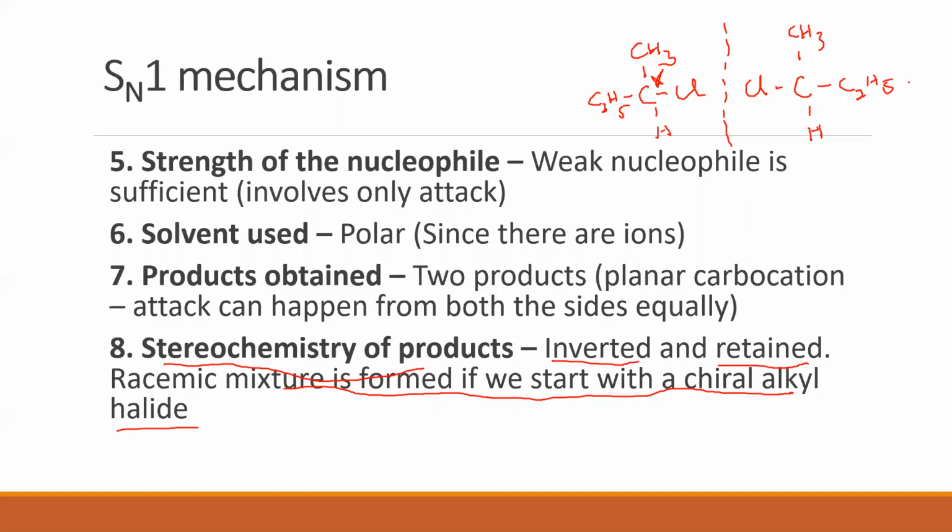Clear? So these two are mirror images of each other. When these two are mirror images of each other, we call these non-superimposable mirror images as what? Enantiomers. Got that? Yes, it is enantiomers. Now, this is a chiral alkyl halide. Is this a chiral alkyl halide? Yes, this is a chiral alkyl halide.